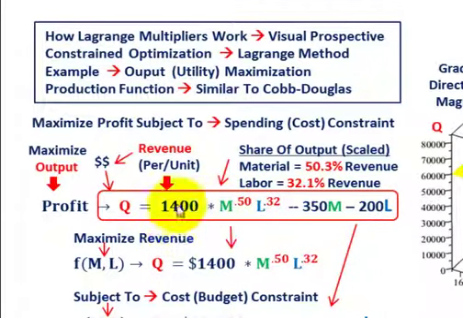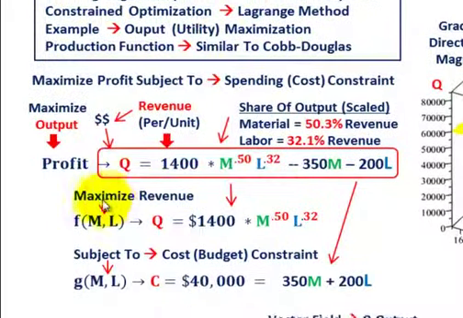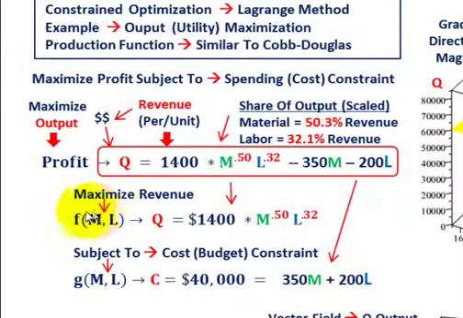Okay, so what we have to do with this production function is break it down. What you're doing with these Lagrange multipliers is breaking the function down where you're going to maximize some revenue, the revenue portion, and it has to be subject to a constraint. That would be F, the function of some material and labor in our profit or revenue function, and then we'd be subject to some cost or budget constraint, represented by G, a function of some material and labor inputs.